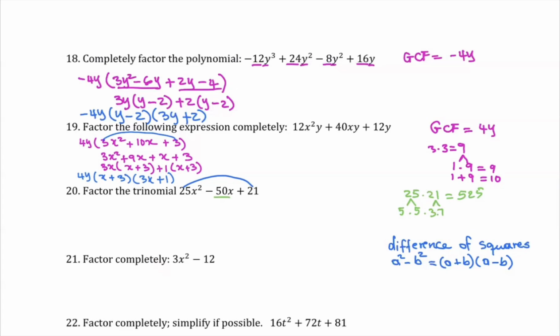So I see if I pair 7 and 5, I will get 35, right? And then if I pair 5 and 3, I'll get 15, right?